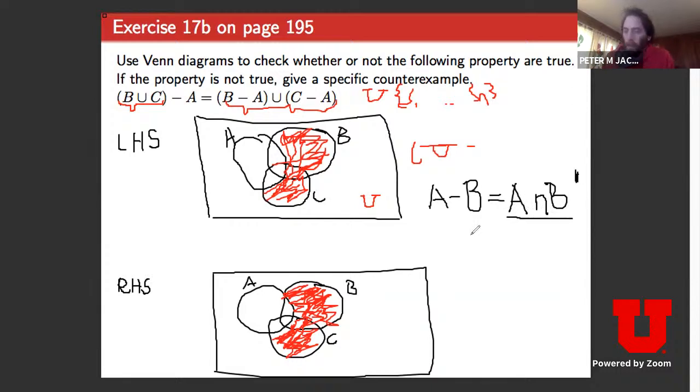That would end up being all of A, and then in addition everything that's not in B, so it would just be anything that's in A and is also not in B. And not B would be all of this.